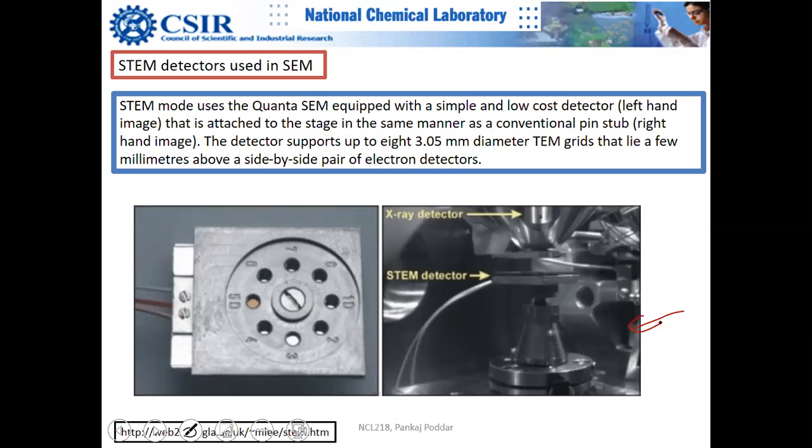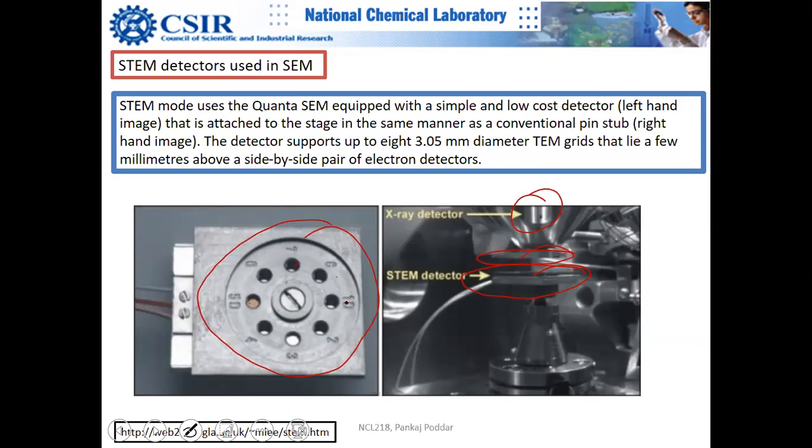So this is an SEM, and you can replace the detector. These are different probes. You can see this net kind of thing here. This is actually, I think, Faraday cage, and EDAX detector is already written. So this is the STM detector, and this is perhaps the sample holder. Sample holder looks like this. So you can put your grids here.